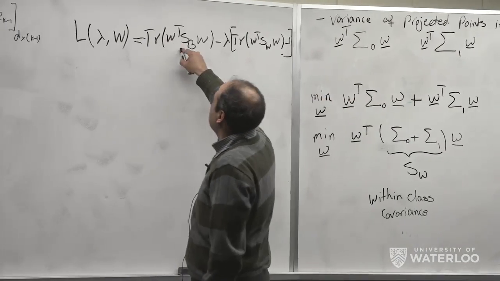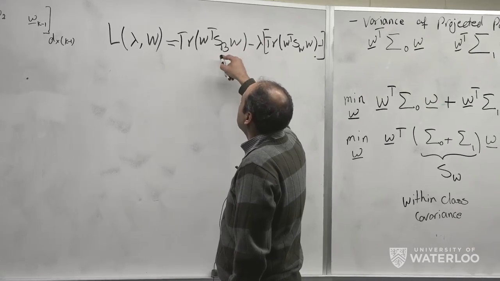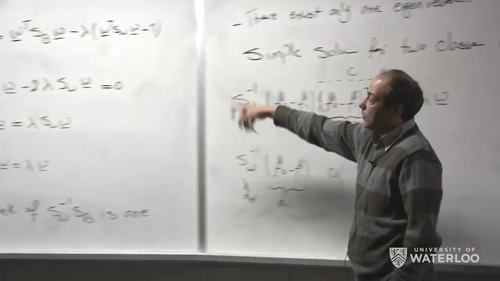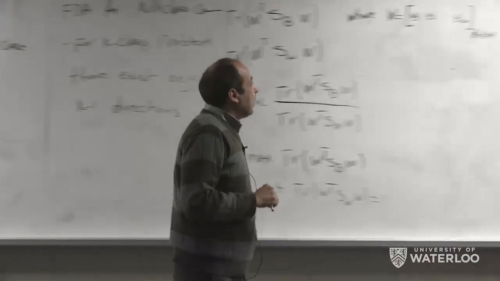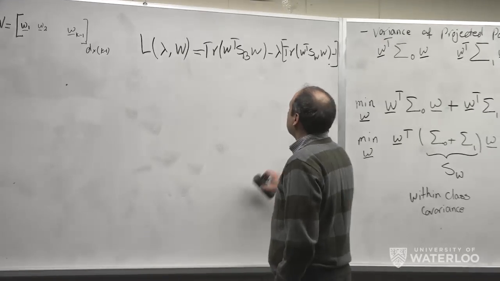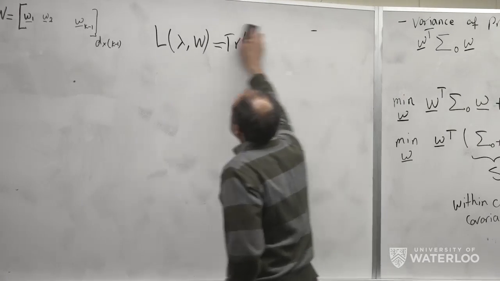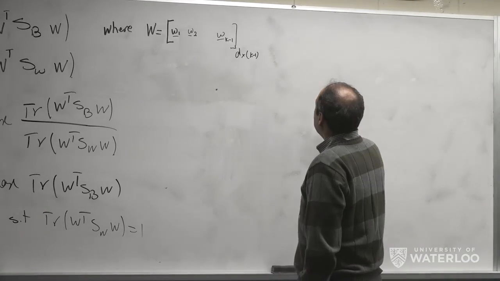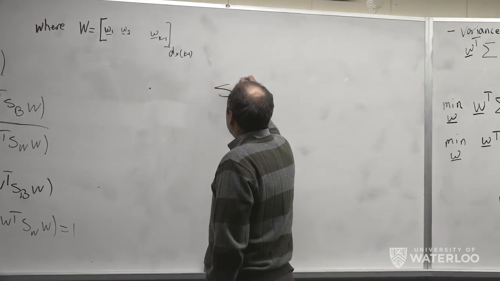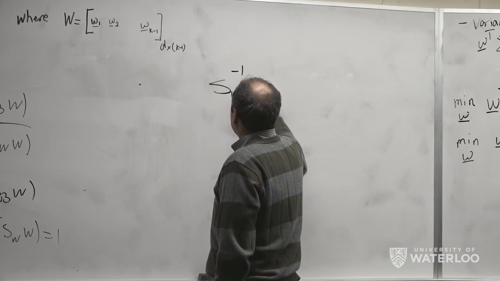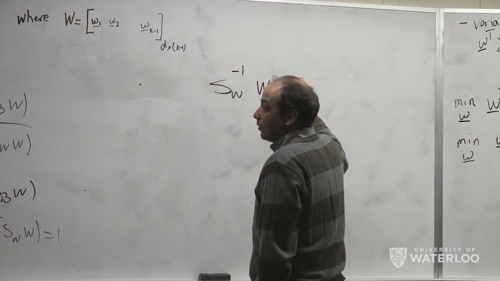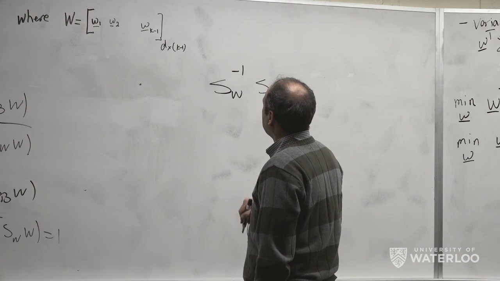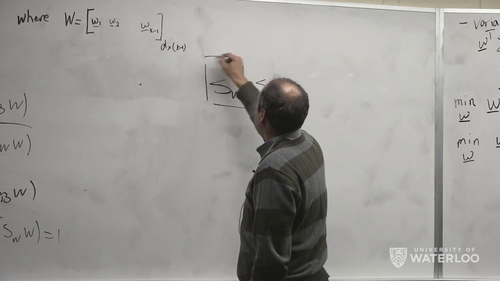The derivative of the trace of W transpose SB W with respect to W is going to be 2 SB W. Everything else would be exactly the same as what we have here, which I don't write down. So the final solution would be the eigenvectors of SW inverse SB.